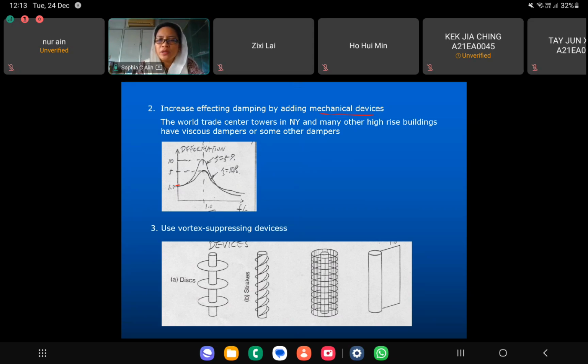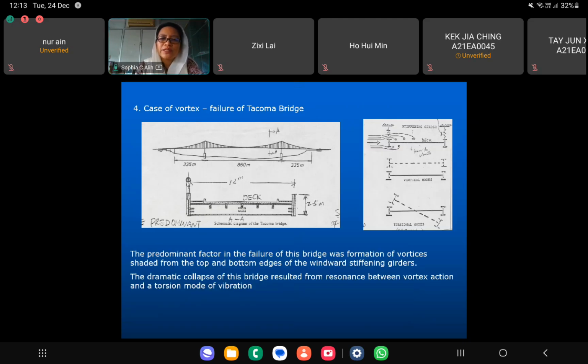These are all the kind of introduction that we can use for our discussion on wind effect on the structure. And of course, if you want to check more on the case of vortex, you can check on the failure of the Tacoma Bridge, how it happened, and perhaps if it were today, how you can reduce the effect and save your design for this kind of structure.